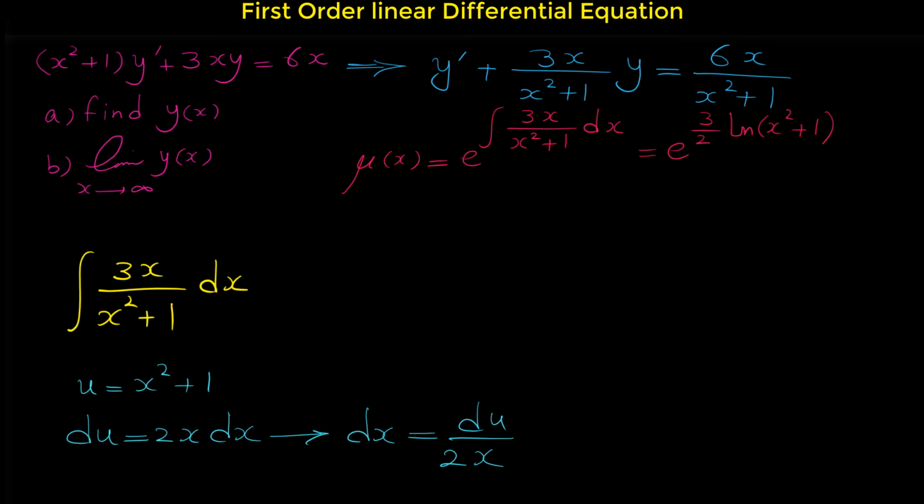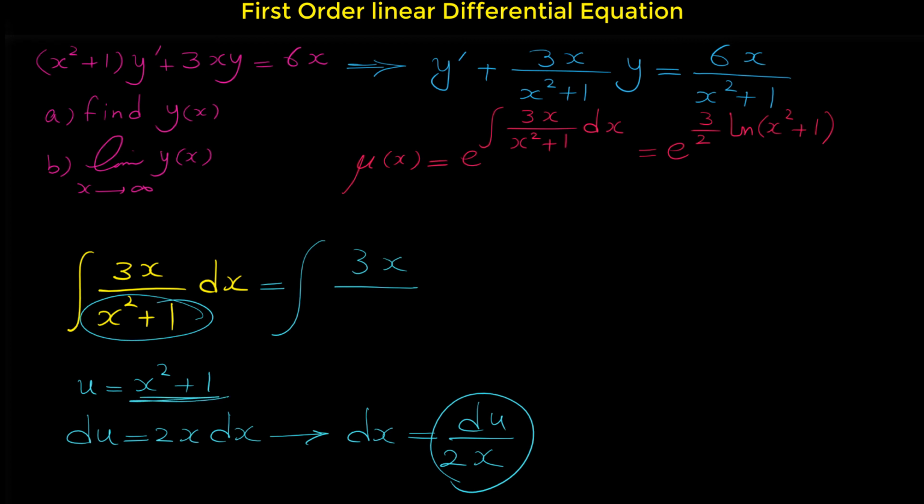Now if we replace dx with this expression and x squared plus 1 with u, we have integral of 3x over u, and we replace dx with du over 2x.